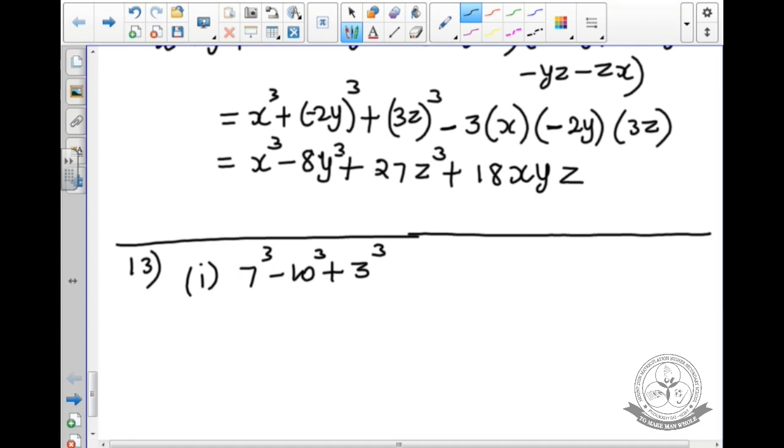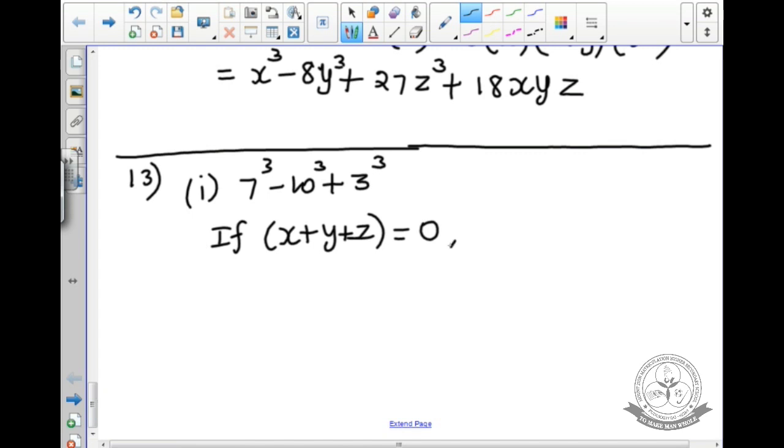If x plus y plus z is equal to 0, then x cube plus y cube plus z cube is equal to 3xyz.